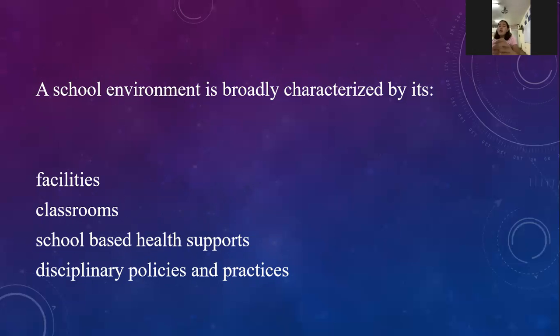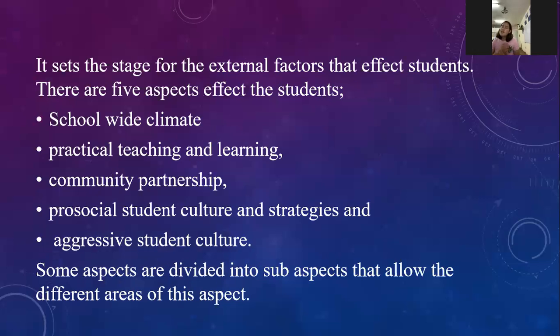They are interconnected or interrelated with each other, and somehow they help for the betterment of the environment itself and for the students' benefit also. It sets the stage for the external factors that affect students. There are 5 aspects that affect the students.